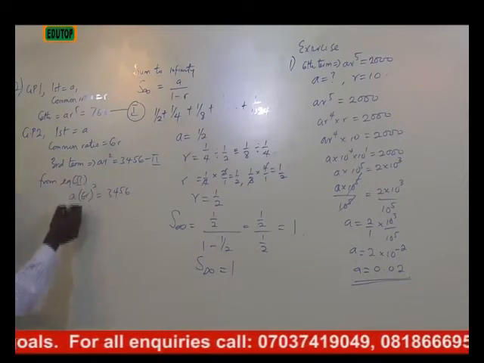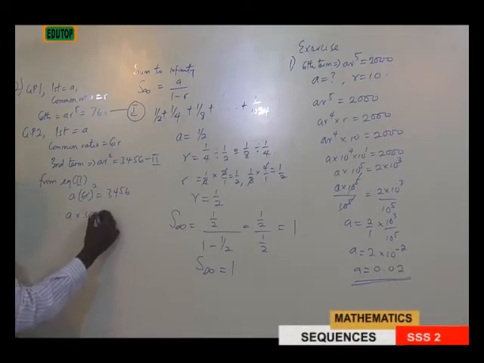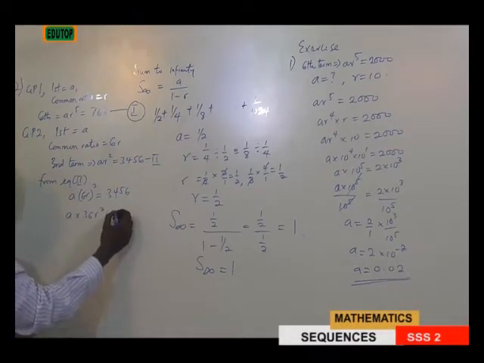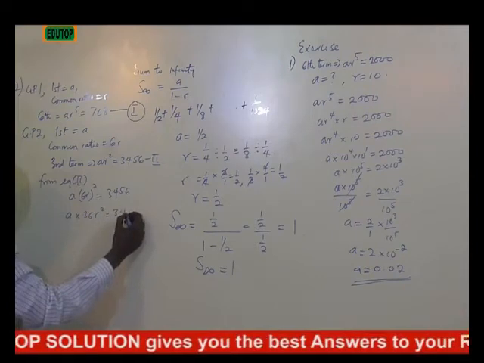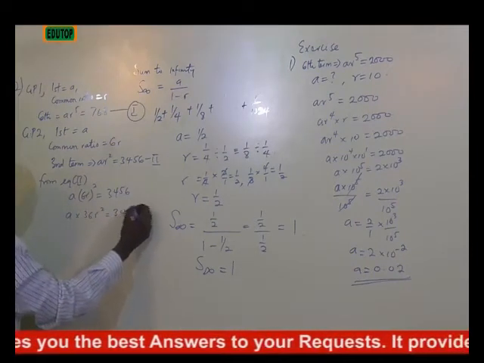Then when we evaluate this, we have A times 36R squared, which is equal to 3,456.